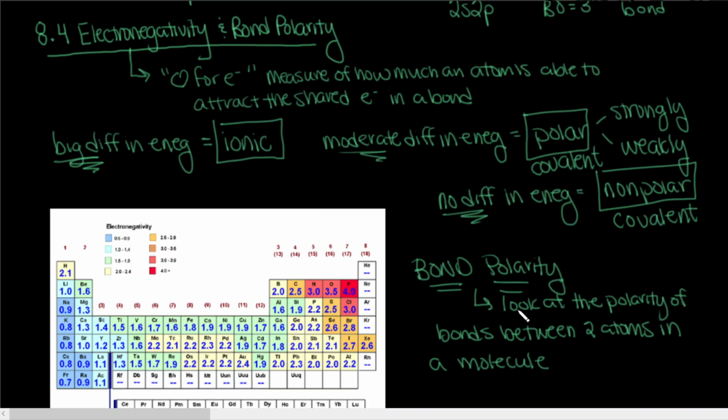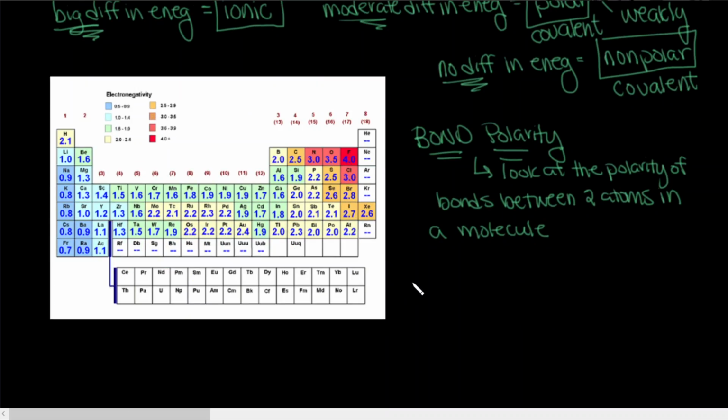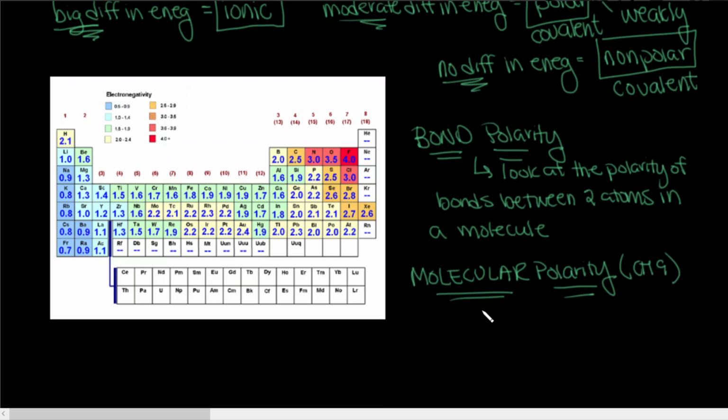Remember how those polar bonds can cancel out? So in order to talk about molecular polarity, or the polarity of the molecule as a whole, we're going to have to talk about shape. And we're not there yet, okay? Molecular polarity is going to be discussed in chapter 9.